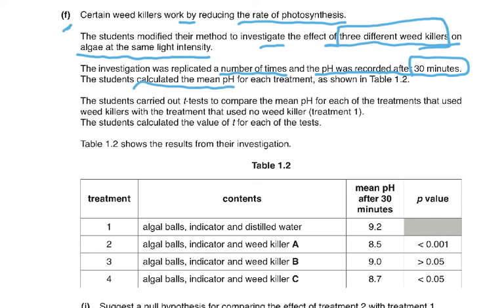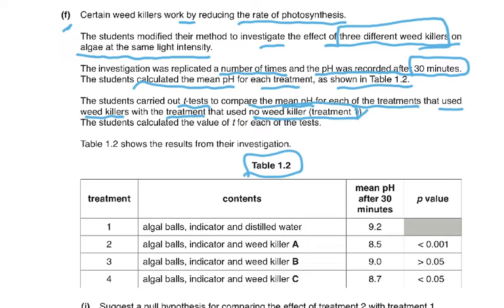The student calculated the mean pH for each treatment as shown in table 1.2. The students carried out t-tests to compare the mean pH for each of the treatments that used weed killers with the treatment that used no weed killers.